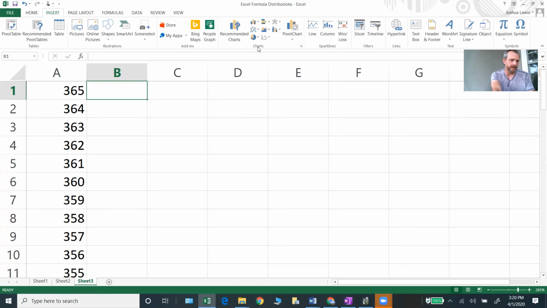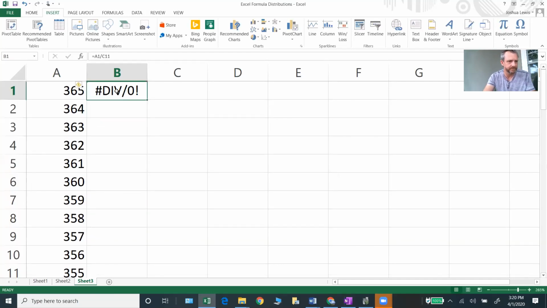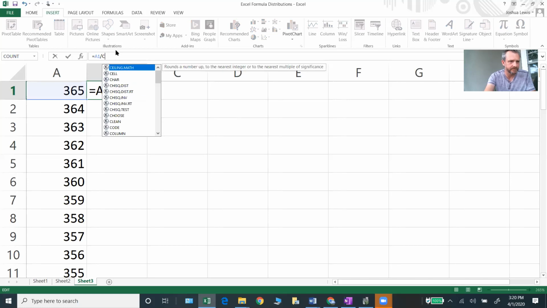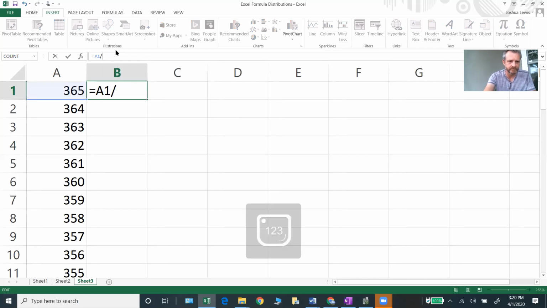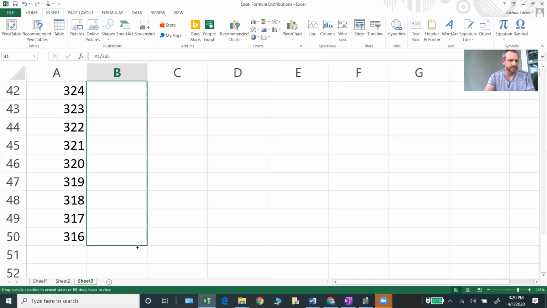And then B will be column A divided by 365. All the way down.